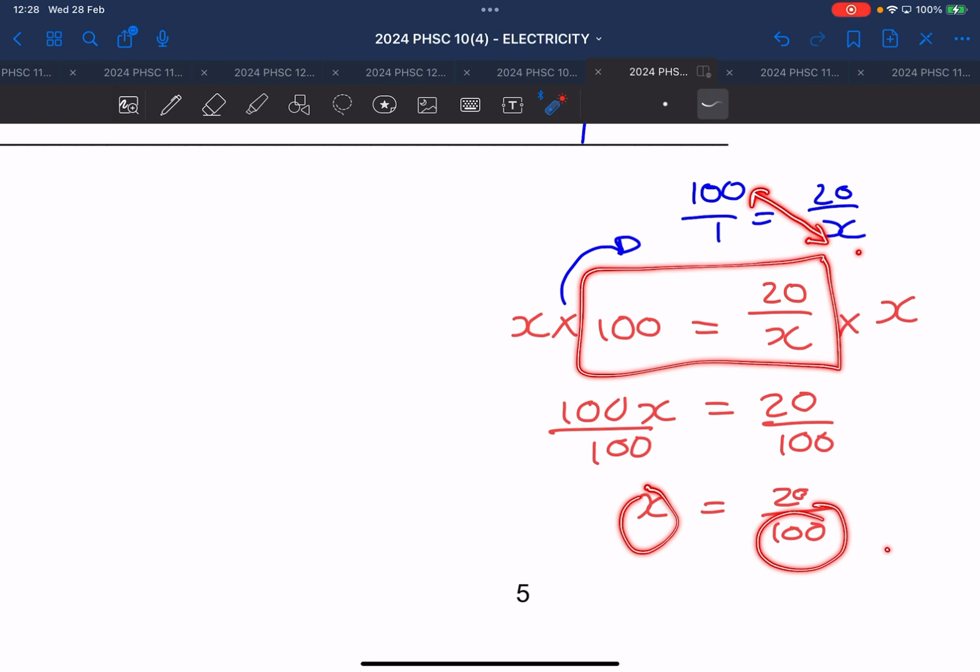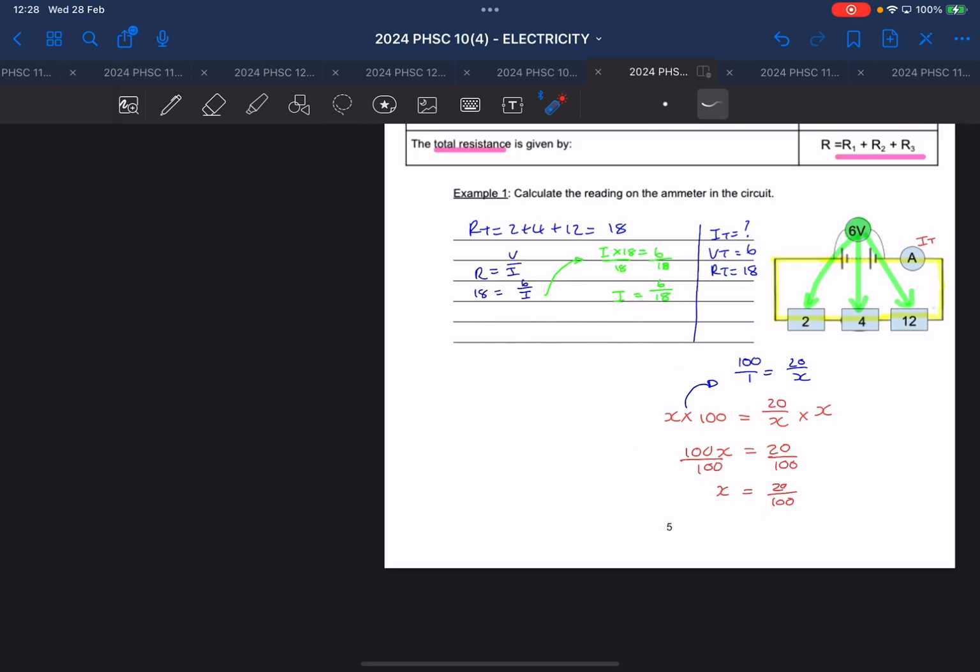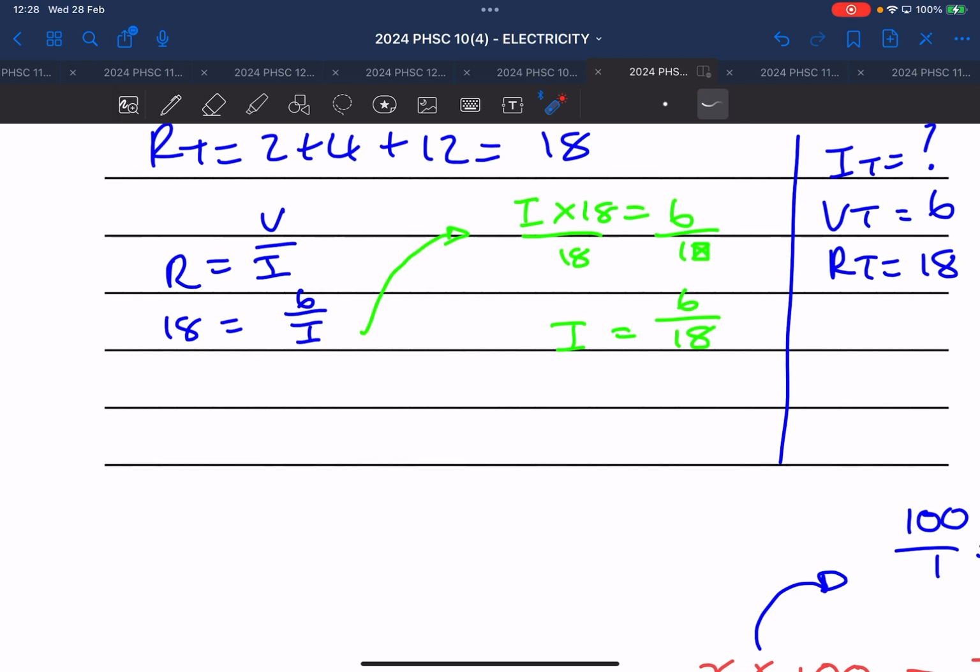All right, so we have current is 6 divided by 18. And, Karabo, in your head, 6 divided by 18 is what? 18 divided by 6 is what? 3. Yes.